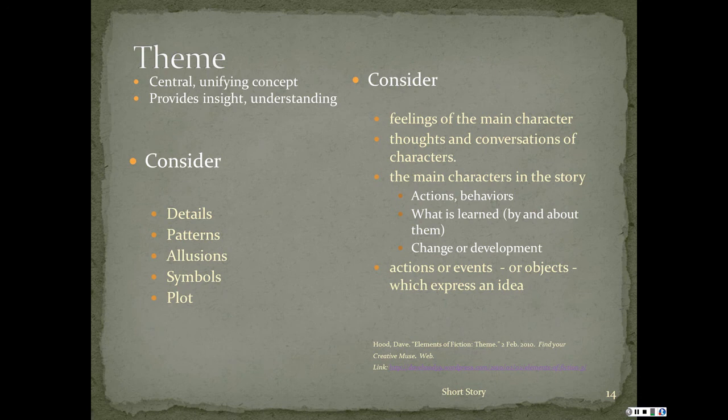We understand that through what they tell us and what they say and how they act and react to other people. We can look at what we have learned about the characters, and we can look at what the characters have learned and whether they change or develop. And we can look at actions and events which express ideas, which in some cases may be symbolic.